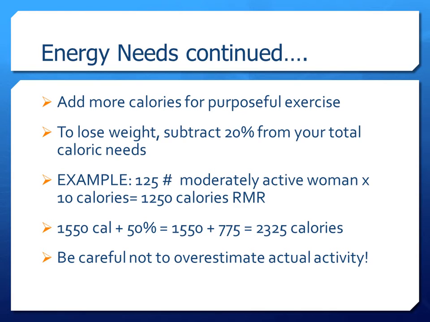For example, assuming that the 5'10", 155-pound woman mentioned previously is a nurse who is moderately active in her job, we would multiply 155 by 10 to get a resting metabolic rate of 1,550 calories. We would then add 50% of 1,550 to get a total of 2,350 calories needed per day. The mistake that many people make when figuring out their calorie needs is in overestimating their daily activity.